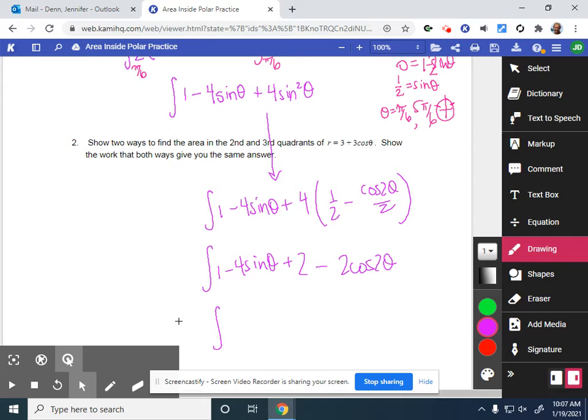And again, this is going to become 3, so I can integrate. So I'm going to have 3 theta minus, so the integral of sine isn't cosine, it's negative sine. This is going to become plus 4 cosine theta. Whoops, wait, hold on.